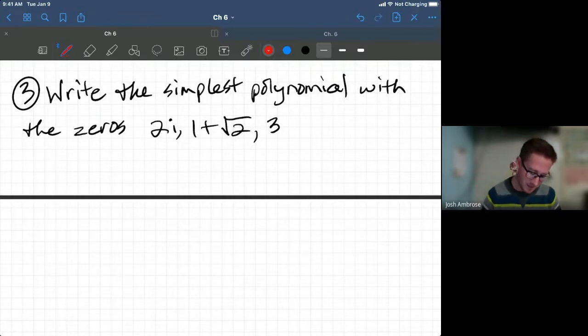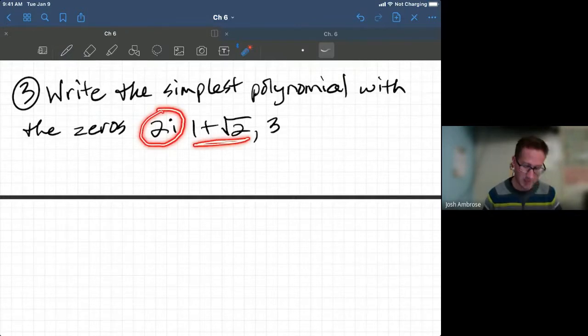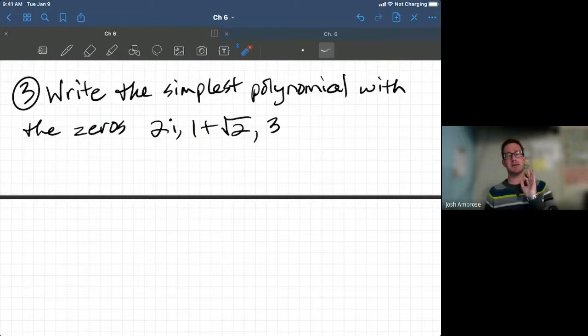Now, here's the thing. With complex numbers and with radicals, you must use the conjugate. And you need to remember, what is the conjugate? The conjugate is when you are taking the positive and the negative of both options.